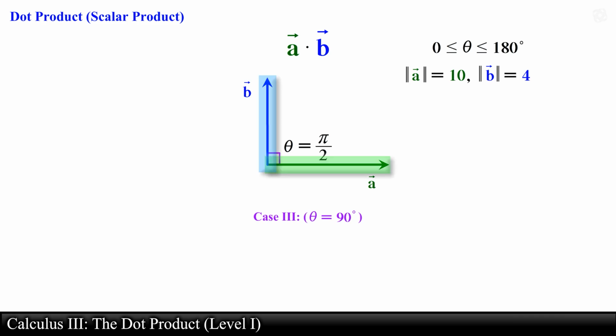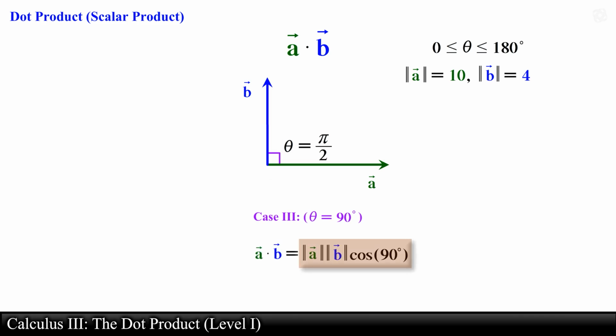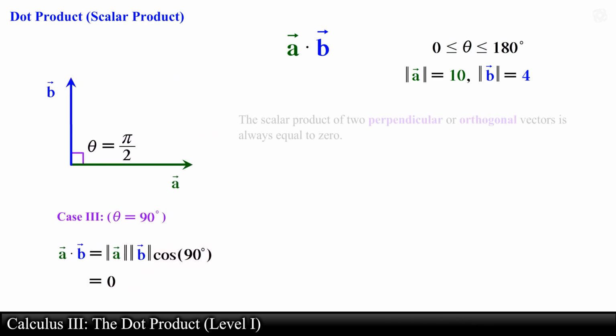Under this condition, neither of the vectors has a projection in the direction of the other vector, so we are essentially multiplying the magnitude of one vector times 0, which simplifies to 0. This result tells us that the scalar product of two perpendicular vectors, or orthogonal vectors, is always equal to 0.